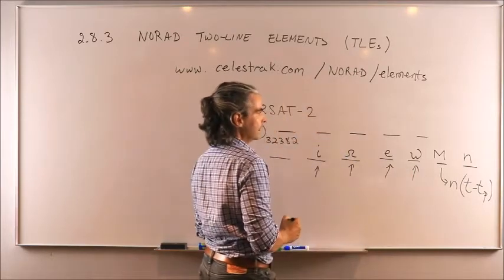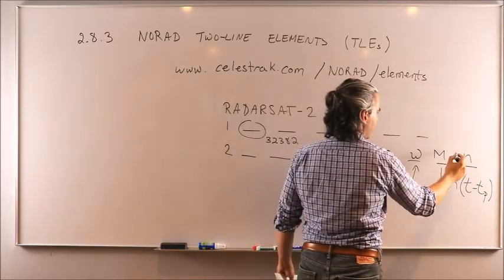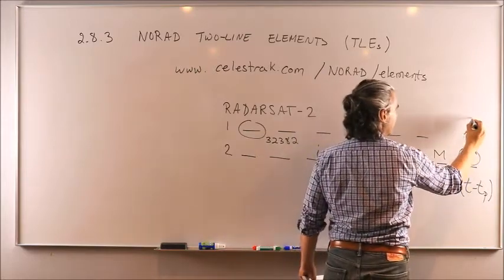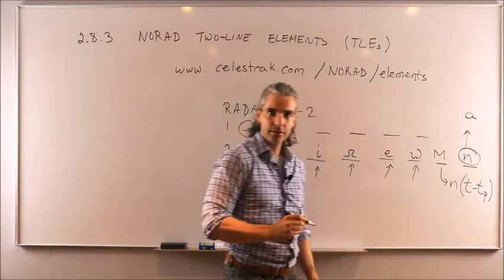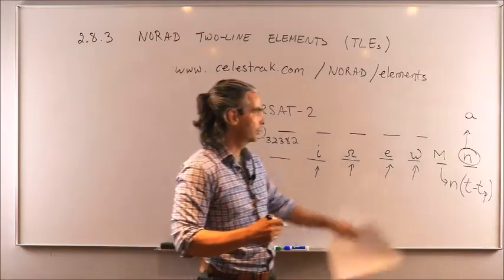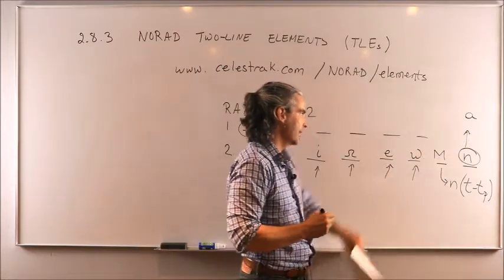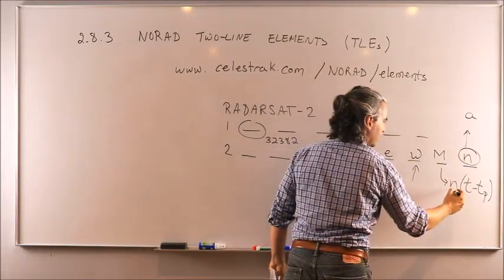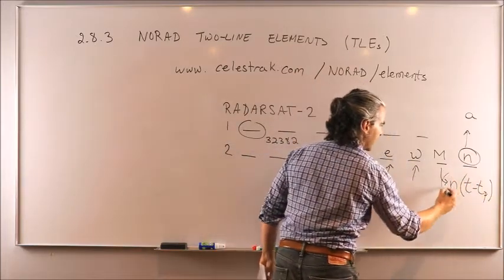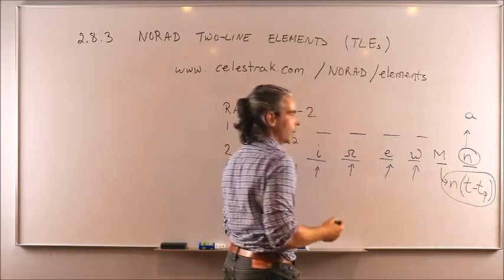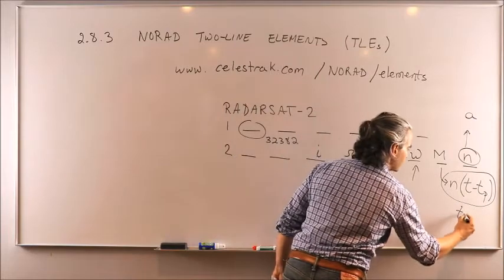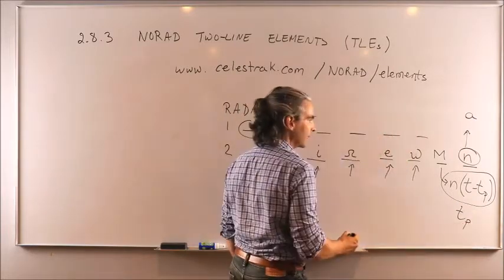Then from here, the mean motion, we can easily extract the semi-major axis because we know the relationship between n and semi-major axis A. And then with n, we can come here and solve that relationship for what we consider to be our 6th orbital element, which is time of perigee passage Tp.